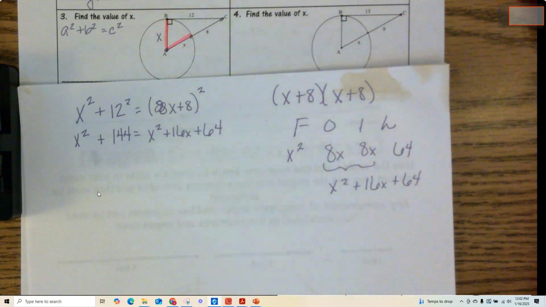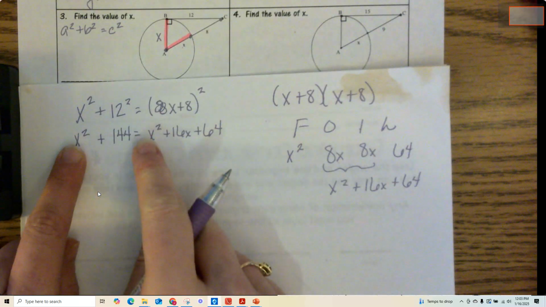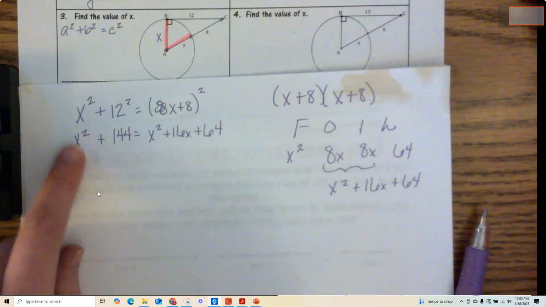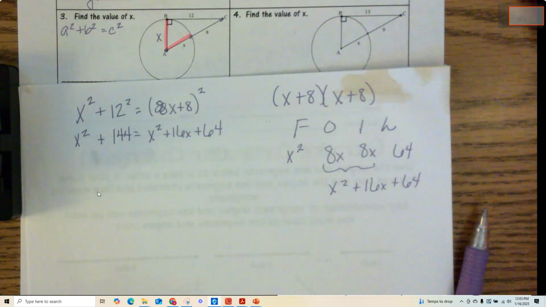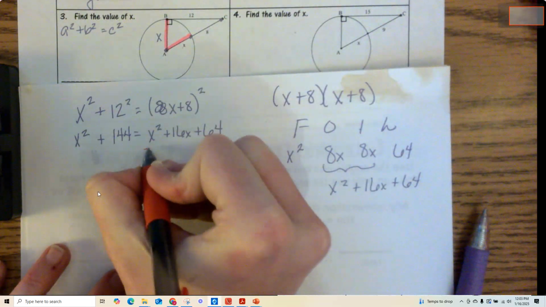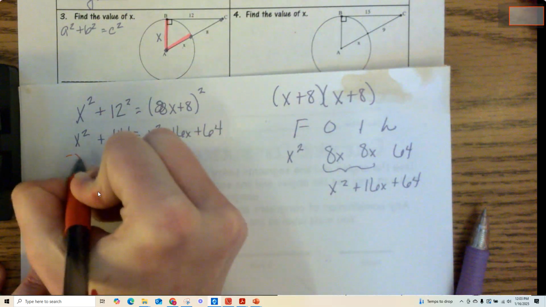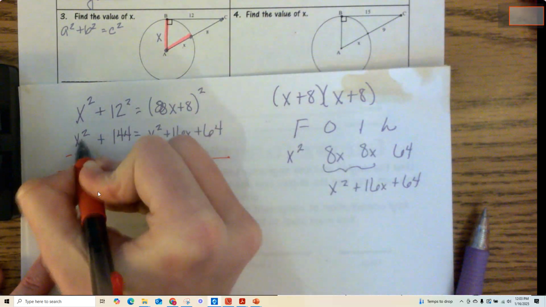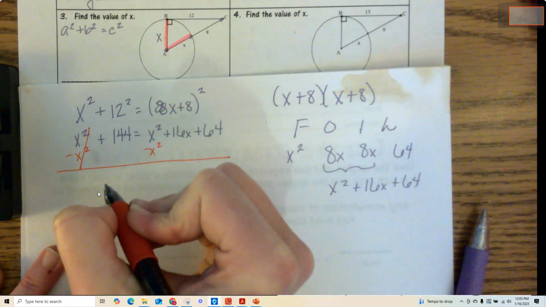Okay? So to solve one of these, combine everything that's the same. So I've got an x squared on this side and I've got an x squared on this side. I want to get those together. So I've got to subtract, and it doesn't matter which one you do. I'm going to subtract x squared from this side. X squared minus x squared cancels.